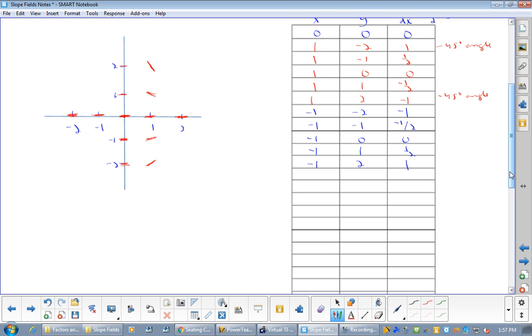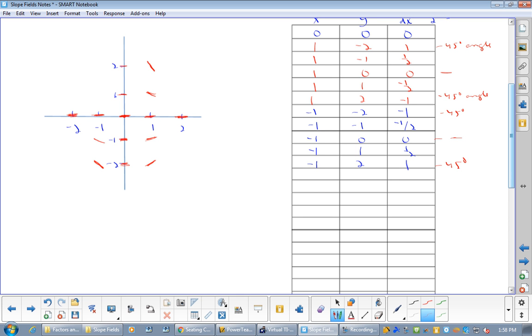So negative 1, 2 is negative 1, which is a 45, remember? And that's also going to be a 45 degree, and that's horizontal. Okay, that's also horizontal. So a negative 45 might be right like that, and then negative 1/2 is going to be a little bit shallower.